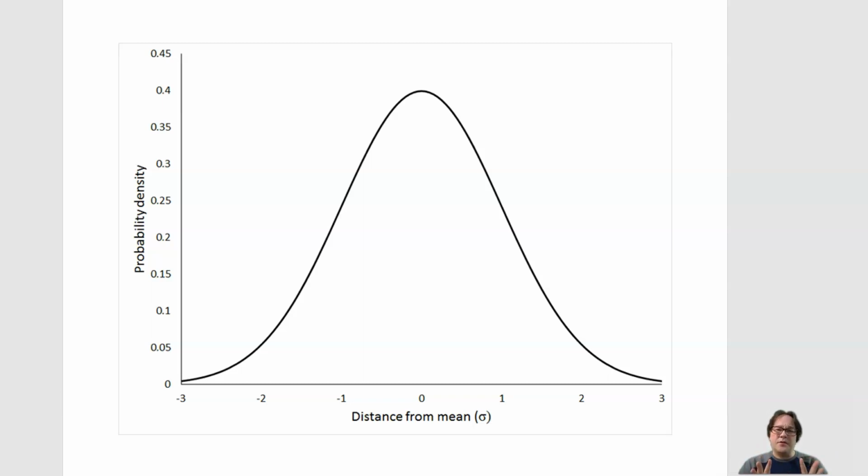The normal distribution is a distribution that we see very, very often in the behavioral sciences. So this is a distribution that we deal with a lot as psychological researchers or behavioral scientists.